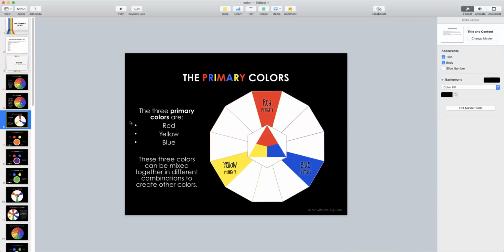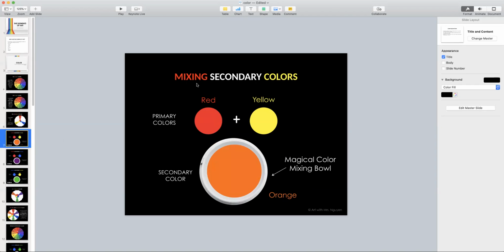So we started with our red, yellow, and blue. Then our secondary colors are orange, right? When we make red and yellow together. Purple or violet. So you'll see it interchange. Some people call it violet, some people call it purple. It's the same thing. When you add red and blue, you get purple. It's another secondary color.